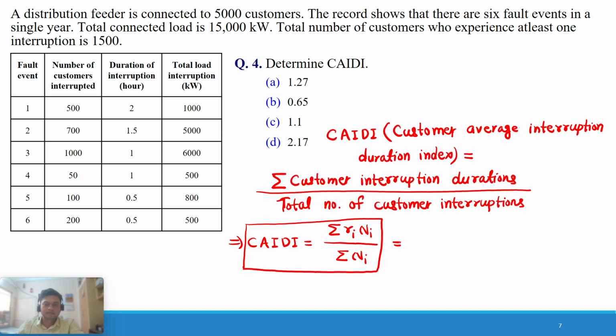So sigma RINI we have calculated 3250 and sigma NI we have calculated 2550. So what value does it give? 1.27. 1.27 hour per customer interrupted.